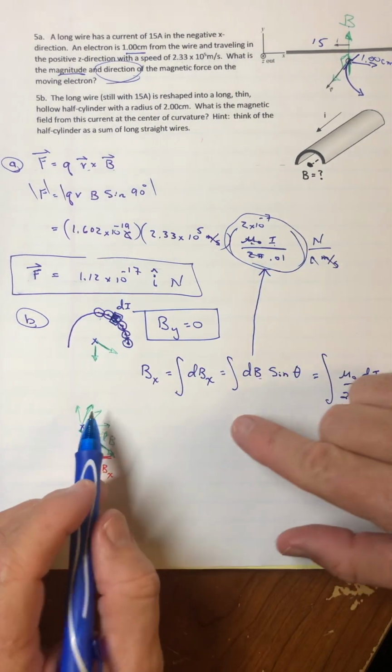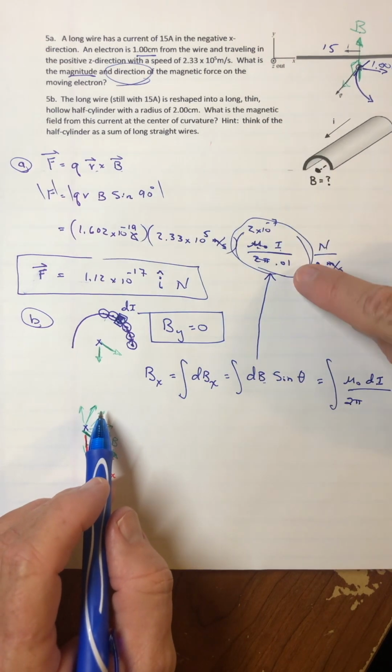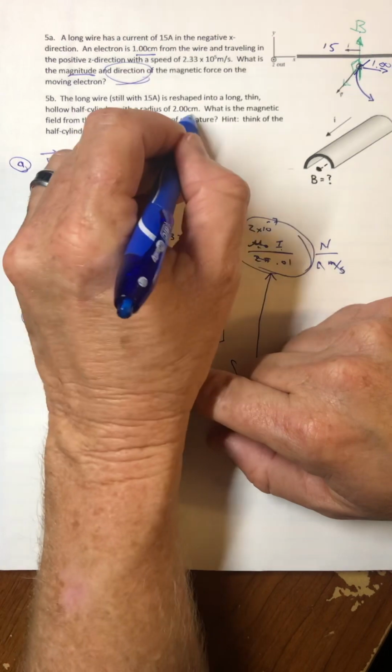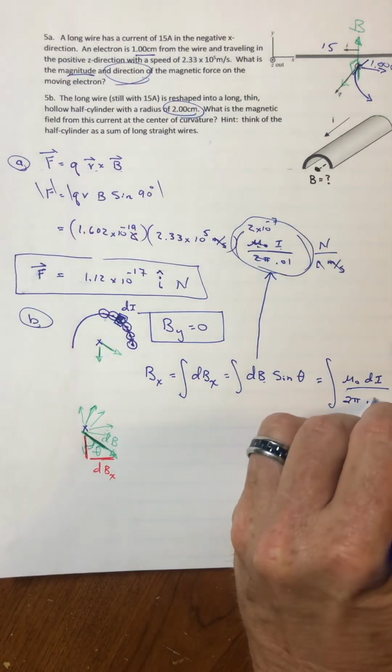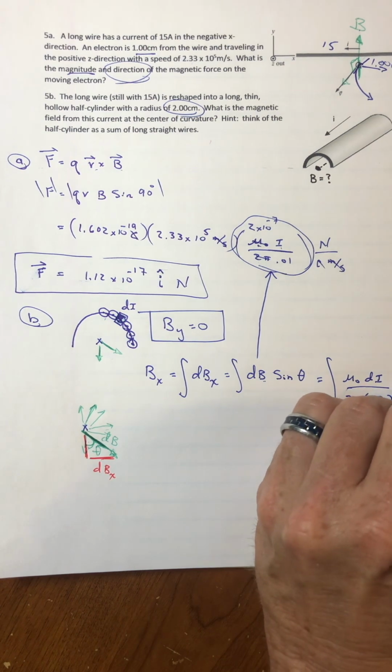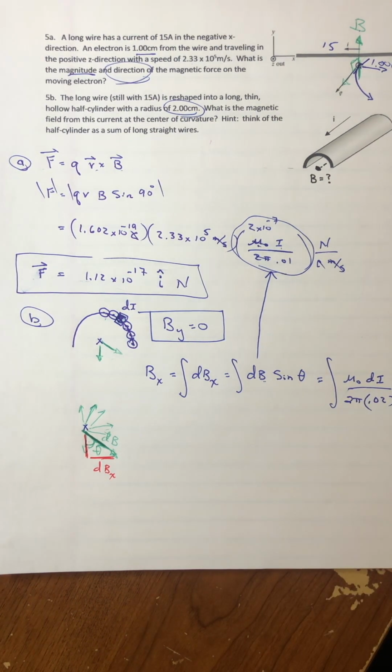I should be a little careful because in the earlier problem we were looking at 1 centimeter away, but this was a little different. Yeah, it was 2 centimeters, so 0.02 is the distance away, and then we have sine theta.